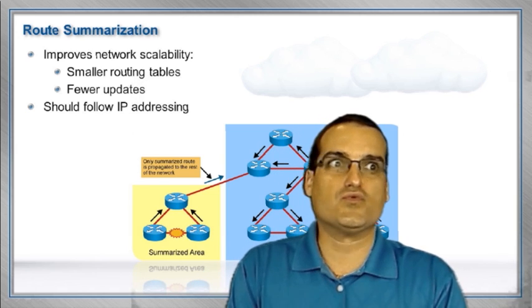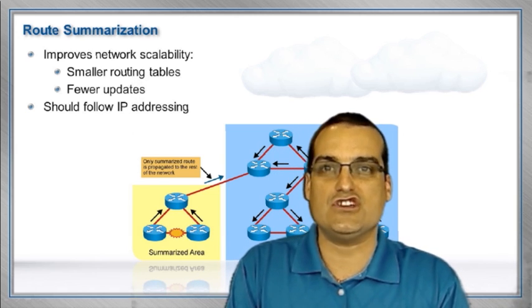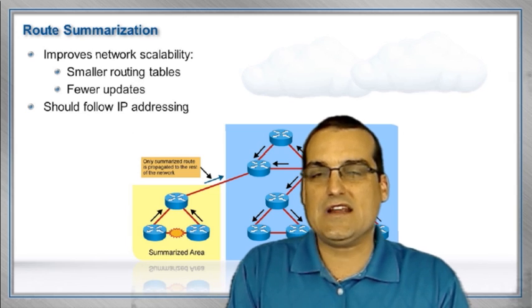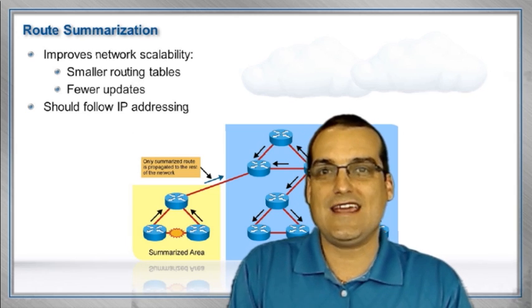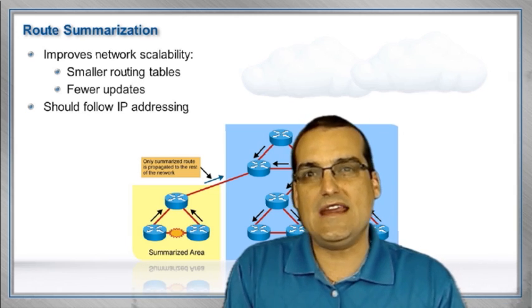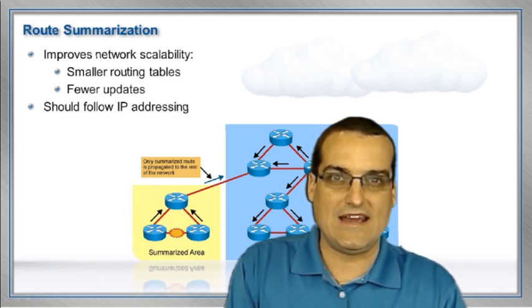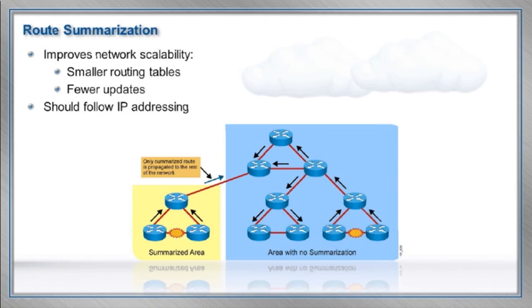Do you have this really huge convergence domain? Typically, just like with broadcast domains, we want to make these convergence domains as small as possible to improve the efficiency of our routing mechanisms and our overall routing infrastructure.